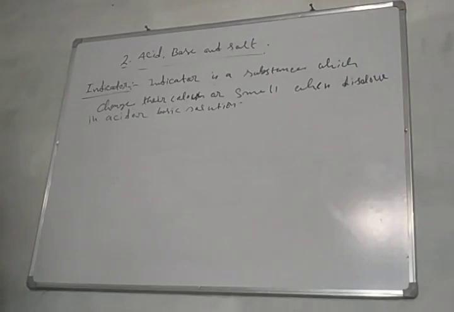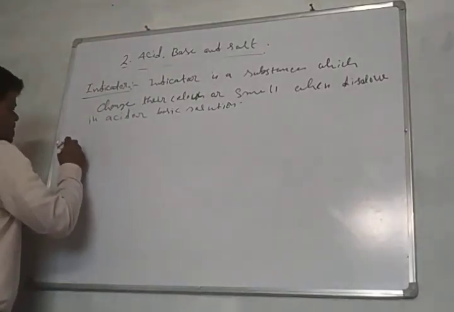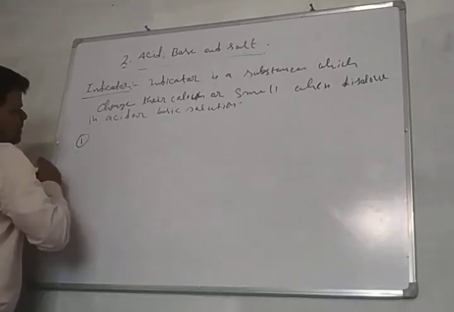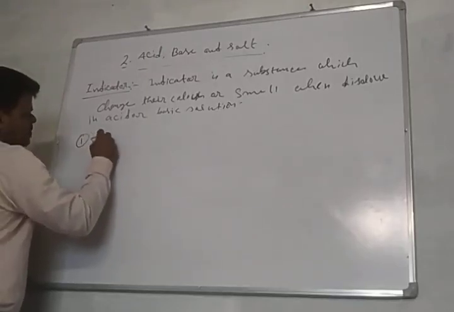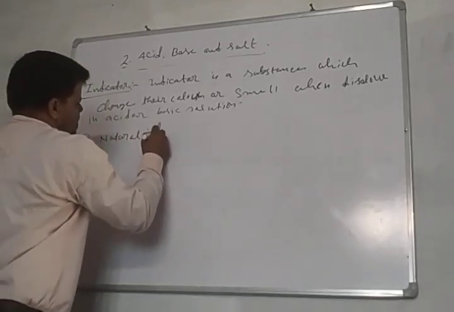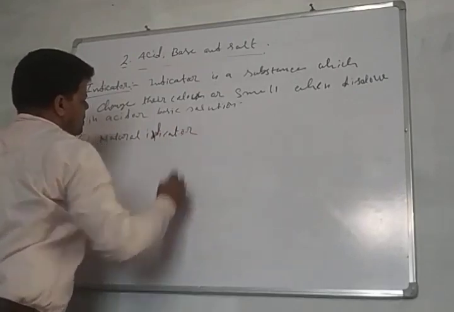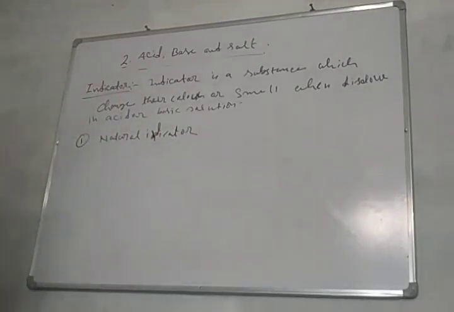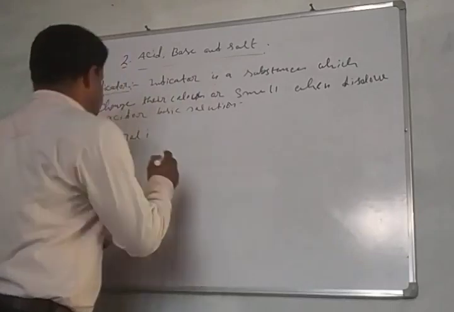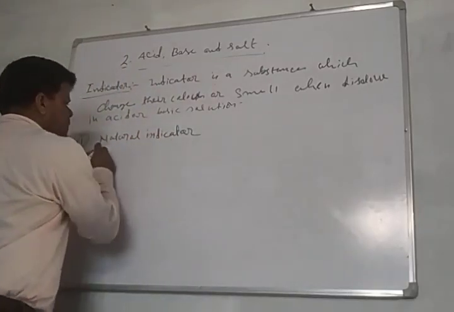There are also two types of indicator: natural indicator and synthetic indicator. One is natural indicator.